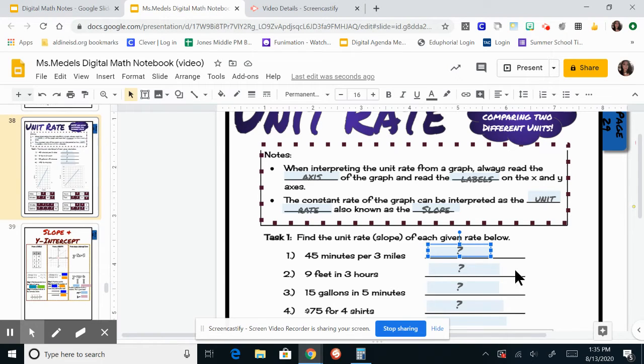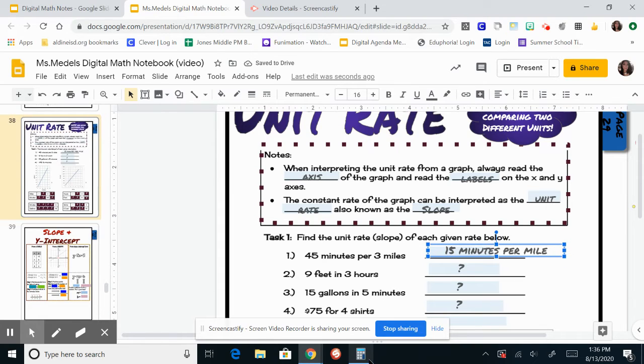So that means that I went at about 15 minutes per mile. Each mile took me 15 minutes. So 15 minutes per mile.